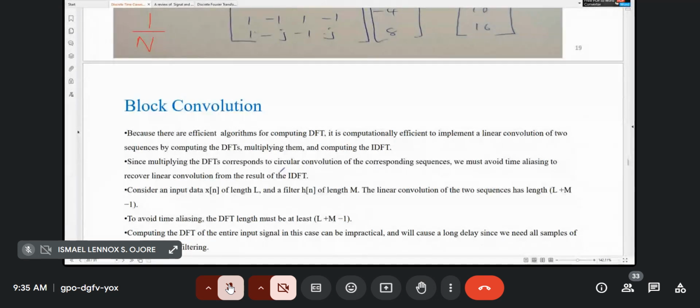Just think about it. You have a sequence coming in, and you want to do a DFT operation in an actual system. If you have very many samples, you have to wait for all those samples to come in. And when you have all the samples, now you start. That itself is a delay. That's why you are trying to first of all break your sequence into small blocks.